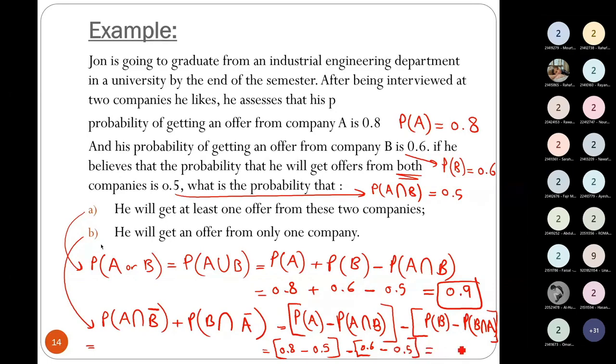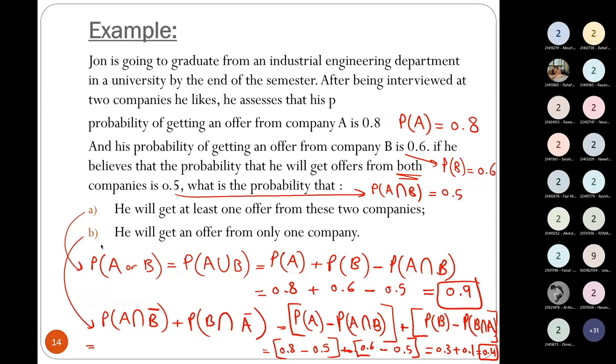So from the first one we have 0.3, plus 0.1. So we have 0.4. This is the probability of getting an offer from only one company.